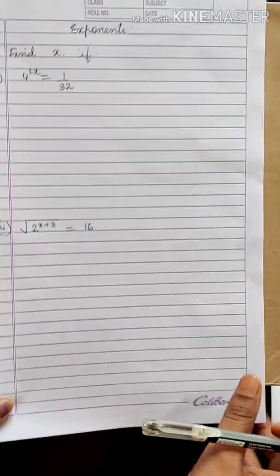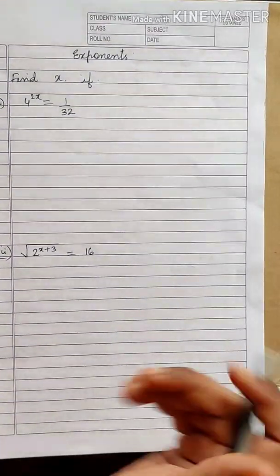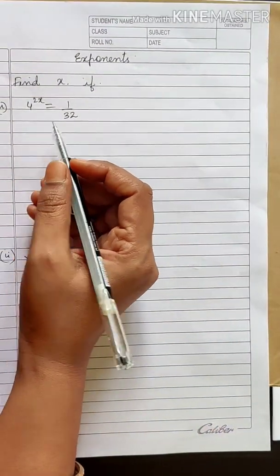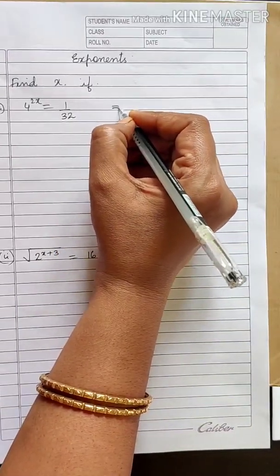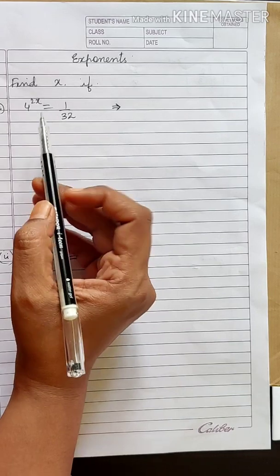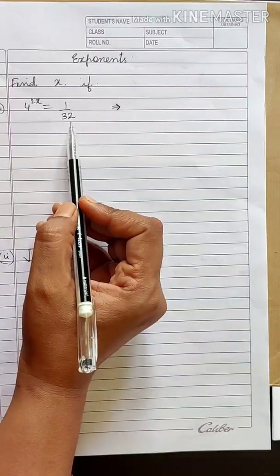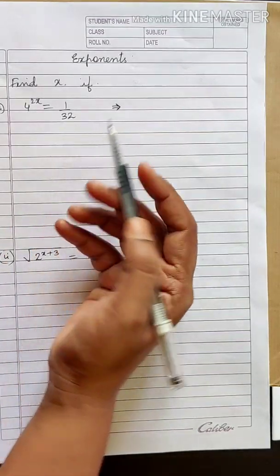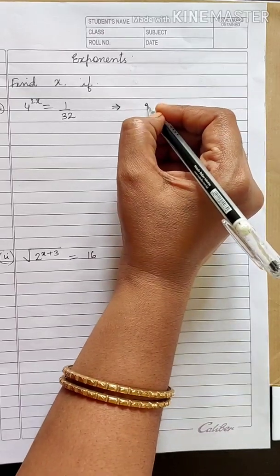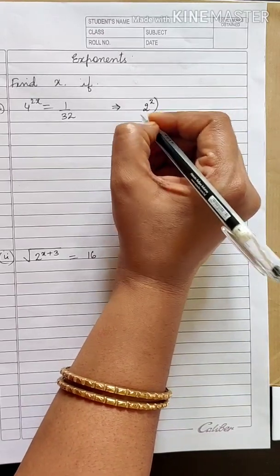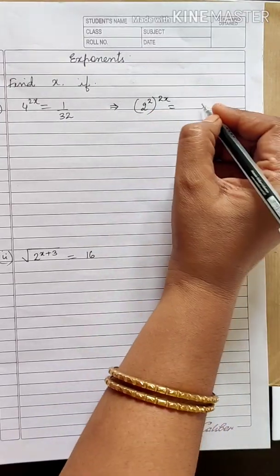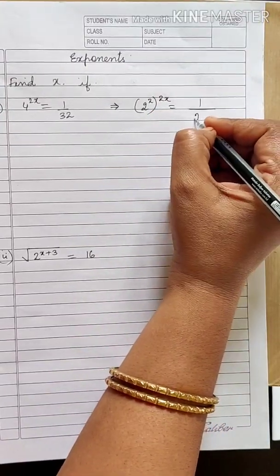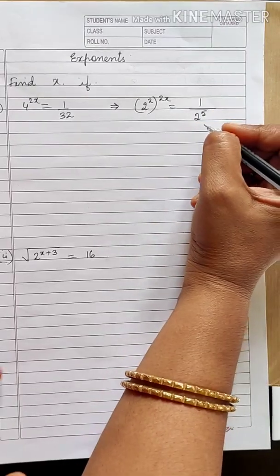Now a few more sums. Find x if 4 to the power of 2x is equal to 1 by 32. Now here 4 can be expressed in terms of 2. Similarly 32 can also be expressed in terms of 2. 4 is 2², so (2²)^(2x) is equal to 32 written as 2 to the power of 5.